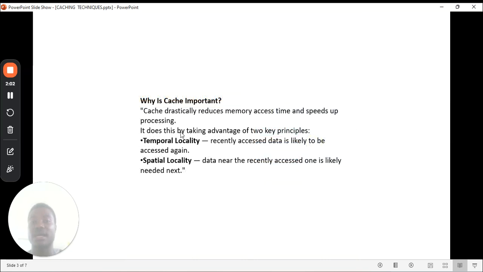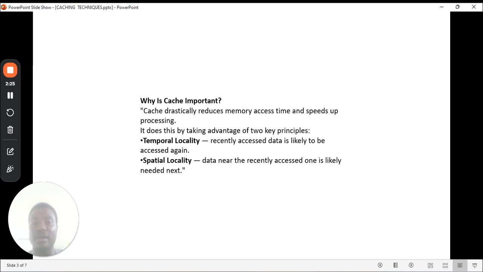Why is it that cache memory is very important? Cache drastically reduces memory access time and speeds up processing. It does this by taking advantage of two key principles: temporal locality and spatial locality.